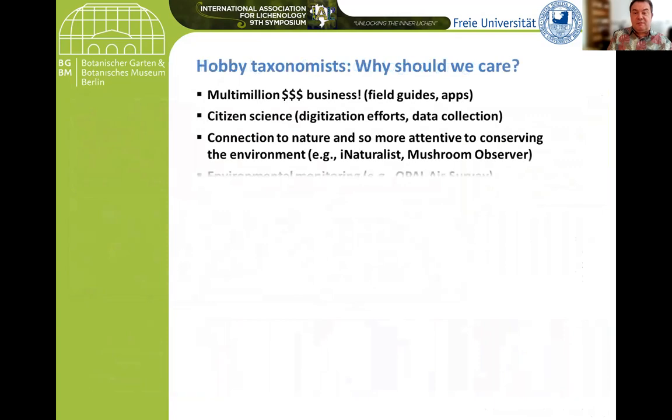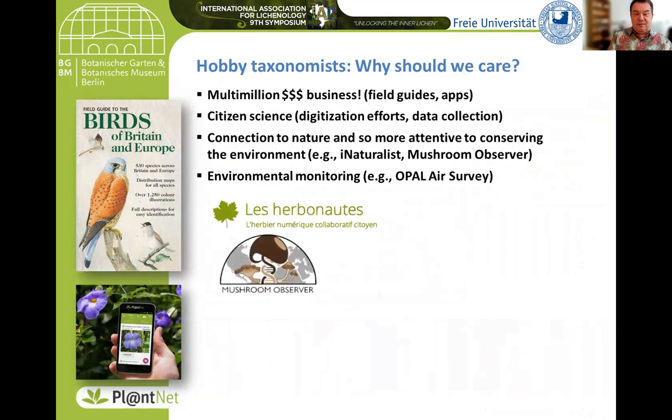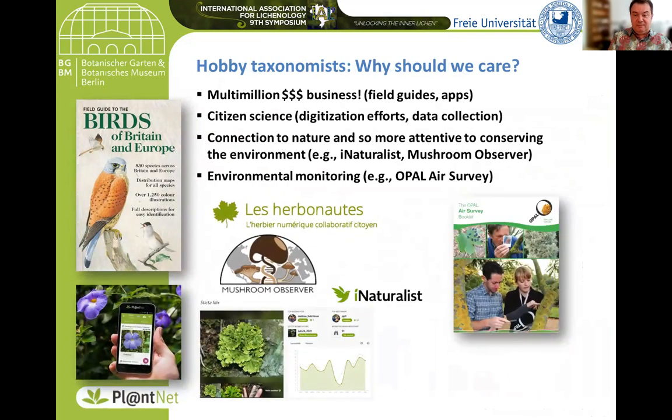So what if most of these advanced methods are not available to hobby taxonomists? Why should we care? Actually, there are a lot of reasons why we should care. First of all, hobby taxonomy is a multi-million-dollar business. If you just think about field guides and books, and in how many copies these are sold, or applications now on smartphones.